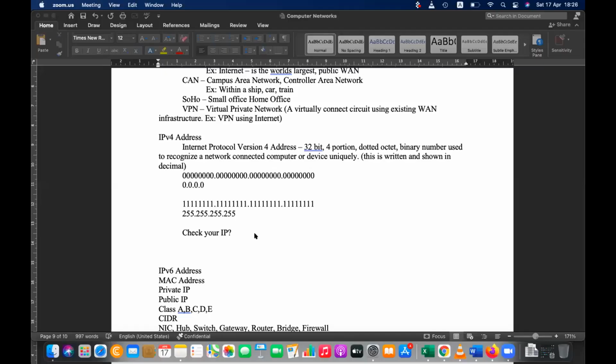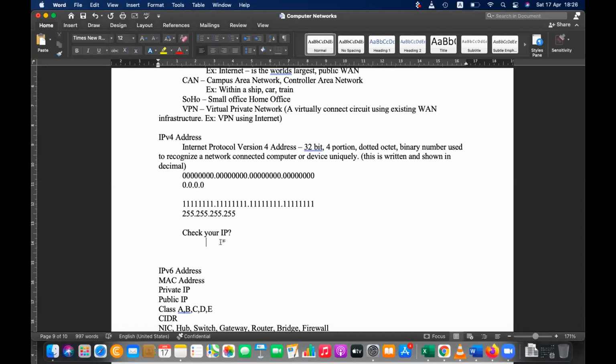Okay, so to check your IP, go to the run dialog box or go to command prompt and type ipconfig in Windows and ifconfig in Linux or Mac.